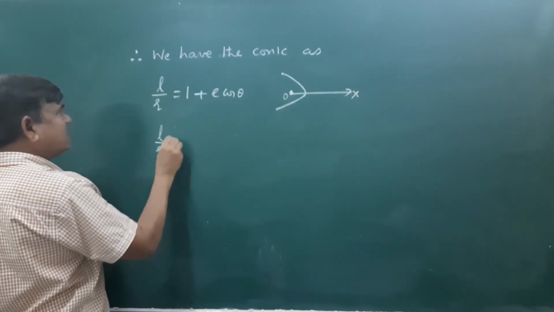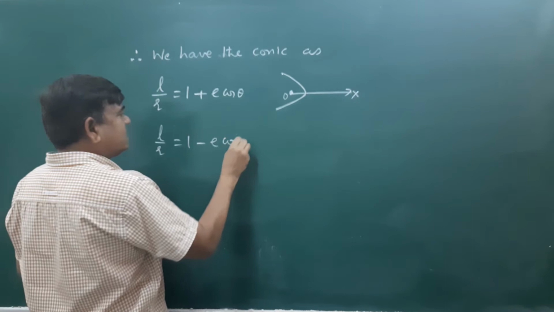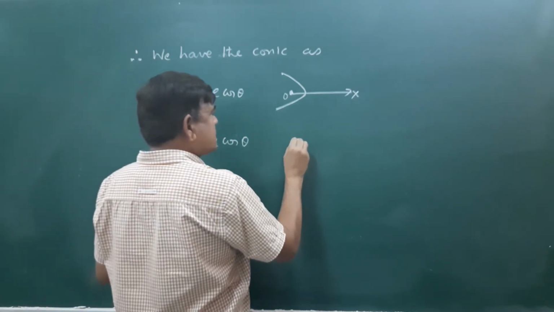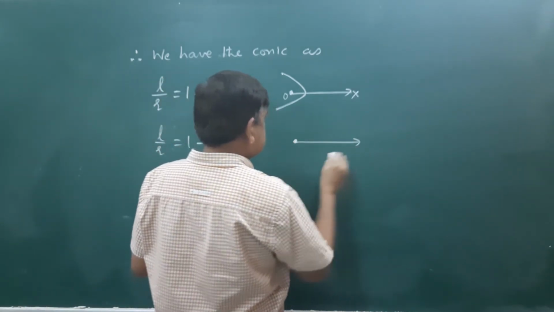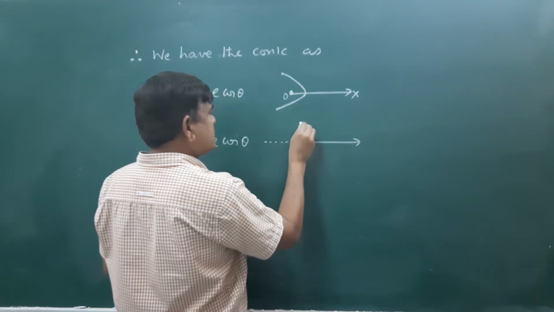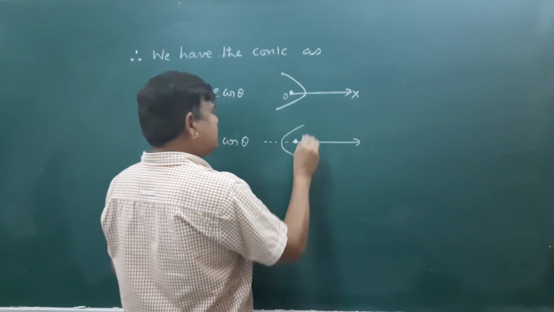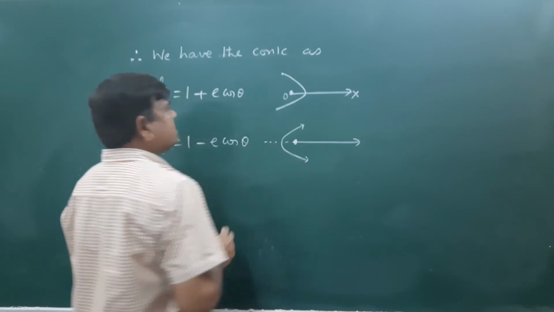If L upon R equals to 1 minus E cos theta, it will be this. Okay?